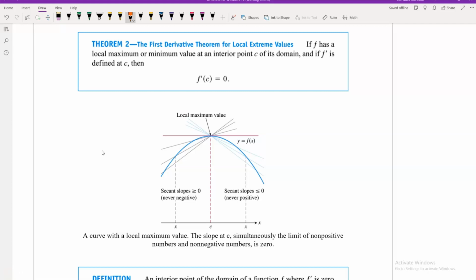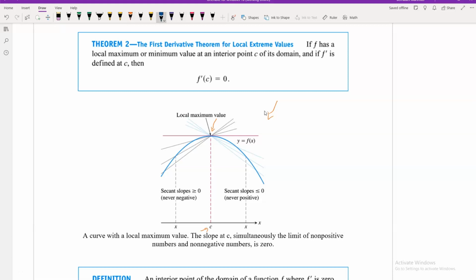Turn to the first derivative theorem for local extreme values. If f has a local maximum or minimum value at an interior point c of its domain, and if f prime is defined at c, then f prime of c is equal to 0. Based on this graph, the local maximum value is this point when x is equal to c.